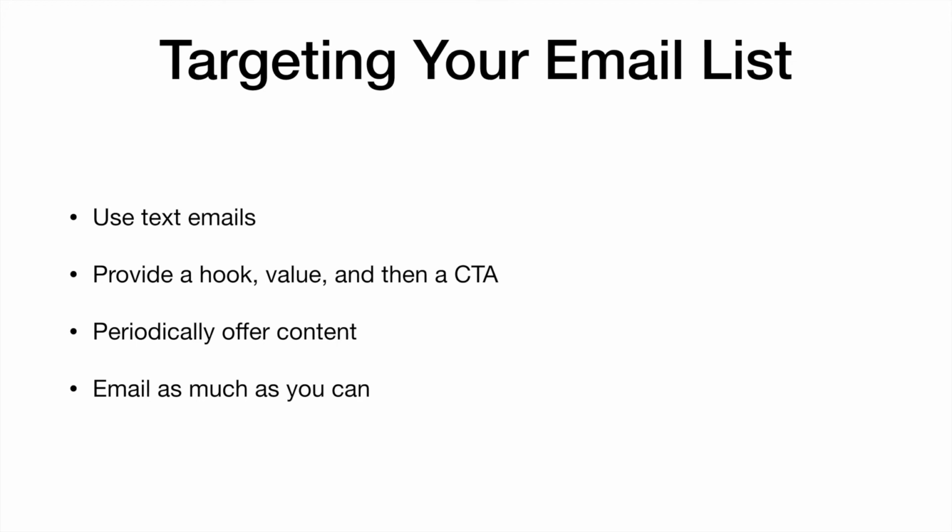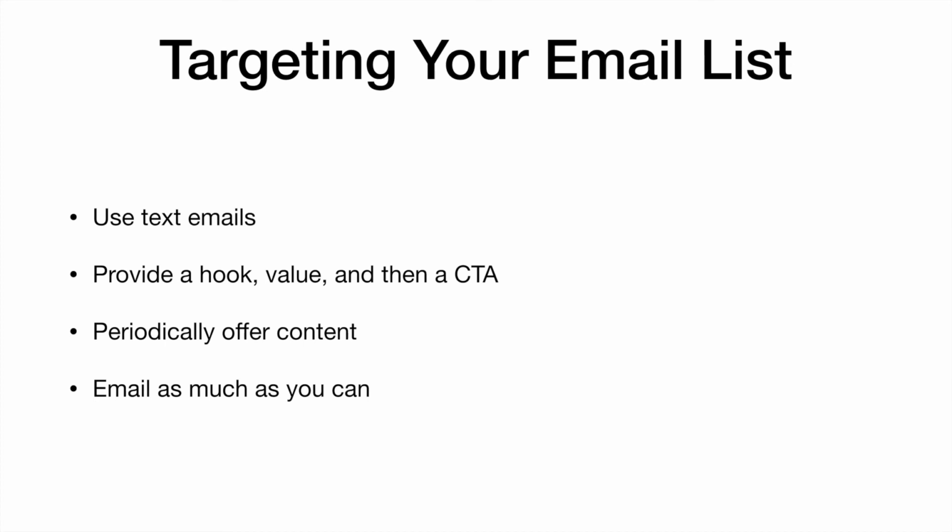And when you write your email, first of all, I recommend that you consider using text emails a lot and not trying to do too much with visuals, especially in your welcome messages, your initial autoresponder messages. We found that putting too many images in the emails prevents people from consuming the text.